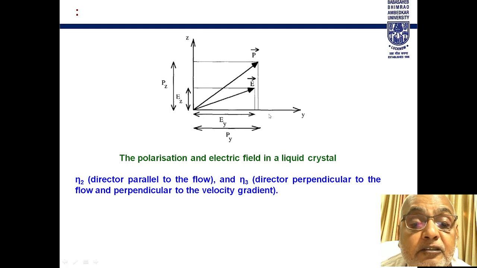This diagram shows the polarization and electric field in the liquid crystal, with N2 director vector parallel to the flow and N3 director vector perpendicular to the flow and the gradient.